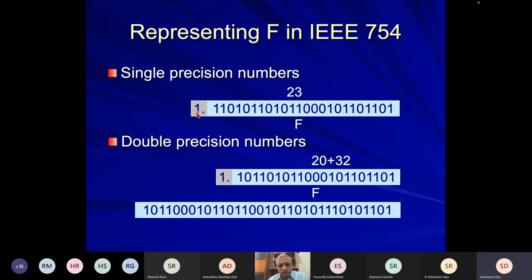Is there a question? Sir, why did we have 20 plus 32? You see that 64-bit word, I'm looking at it in 2 parts, from the storing aspect.